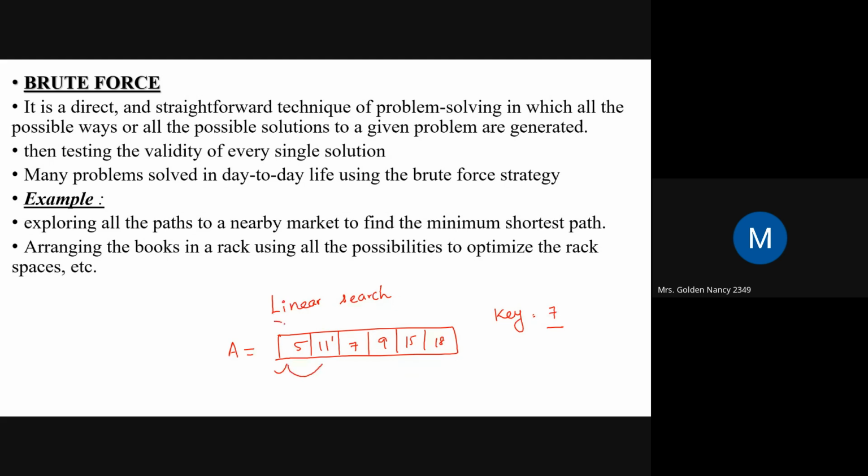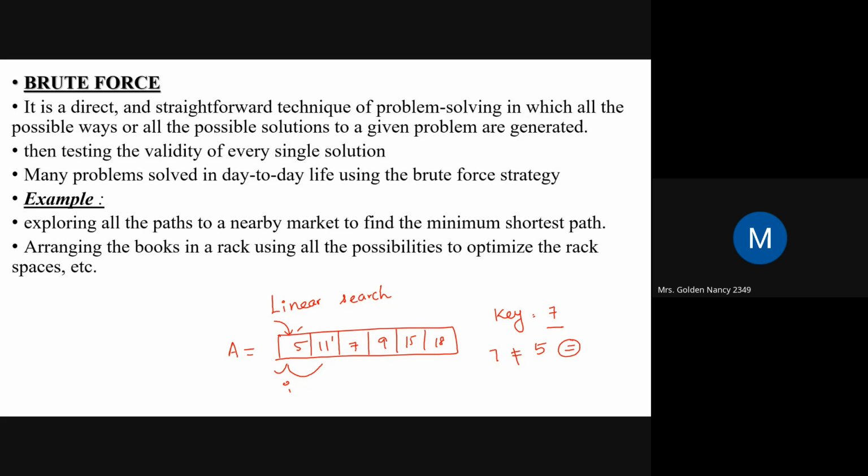So first 7 is compared with 5. If it is equal, then we'll say the element to be searched is at that index. If they are not equal, then the index will be incremented. We had some variables to increment, we had declared the key with some variable, and we compared the key with the value at the index. Likewise, we did that.